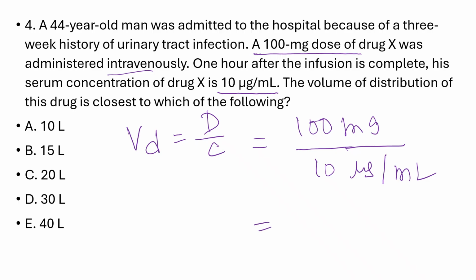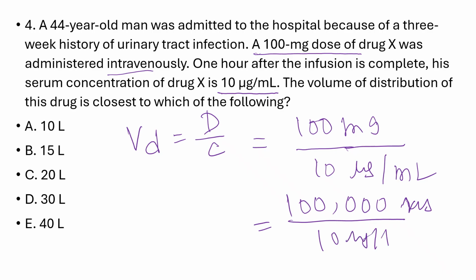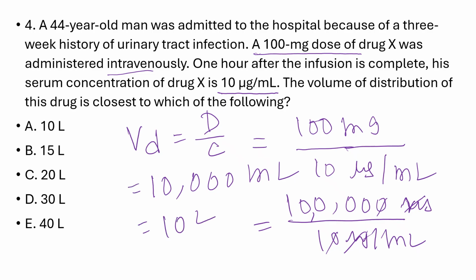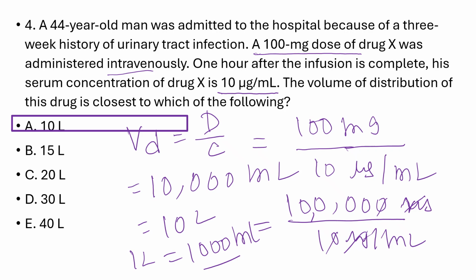So we have to convert milligrams into micrograms: 100,000 micrograms over 10 micrograms per ml. The micrograms cancel, and this is 10,000 ml. That equals 10 liters, since 1 liter equals 1000 ml. So the correct answer is 10 liters.